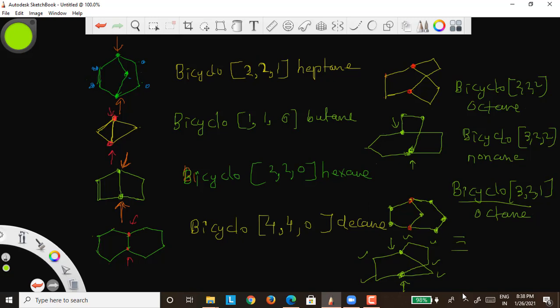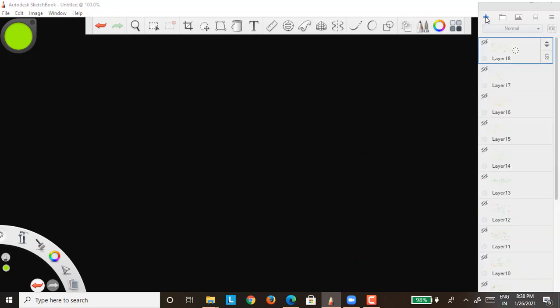Okay, clear? So now let us take a bicyclo compound containing some alkene group, or some functional group. Okay, let's go to the next page. Let us take one bicyclo compound, first a simple one, like this, with one alkene group.